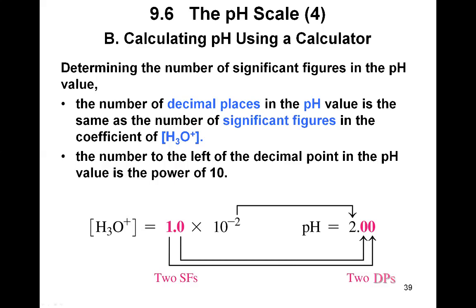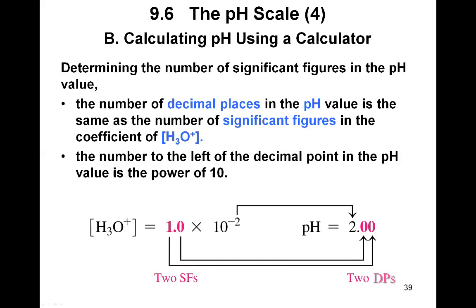And so this is also said here as the number of decimal places. So for the pH, only decimal places matter as far as precision that you need to keep. So it's the number of decimal places in the pH that must be the same as the number of significant figures in the coefficient of the concentration of H3O+.